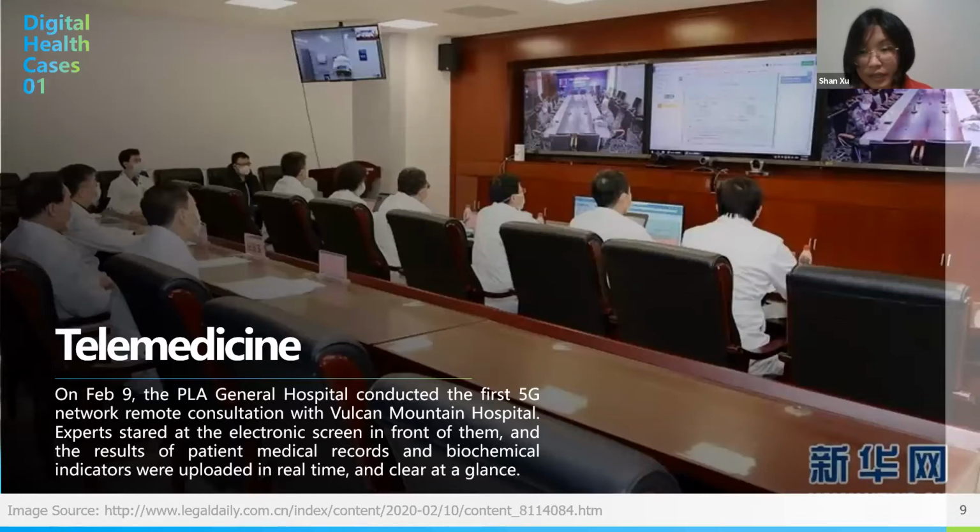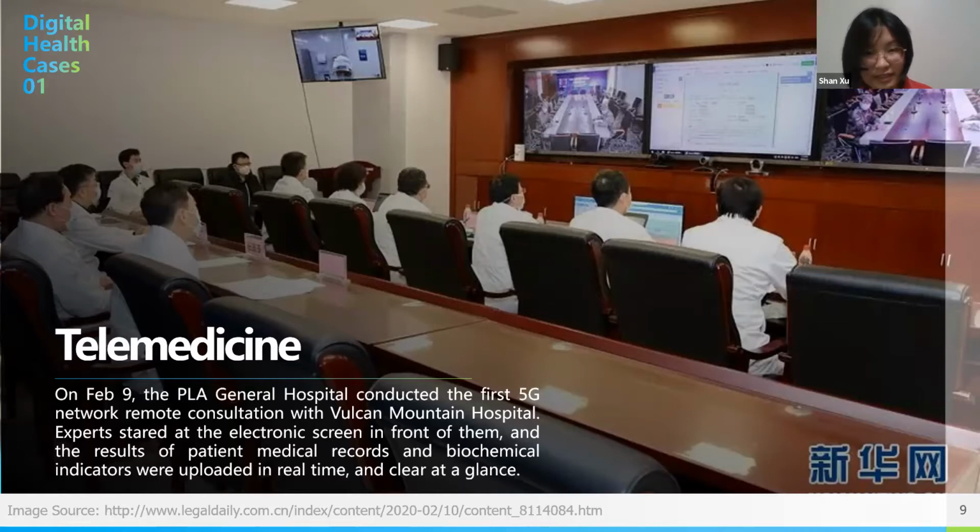And this is a picture from February 9th, when the PLA General Hospital conducted a remote consultation, connected through the first 5G network, with Wuhan Emergency Hospital.